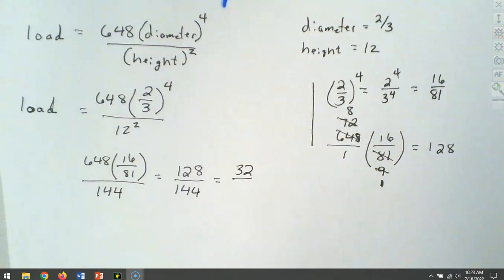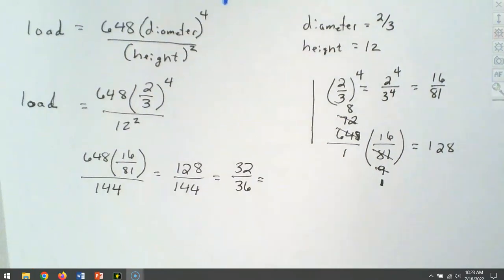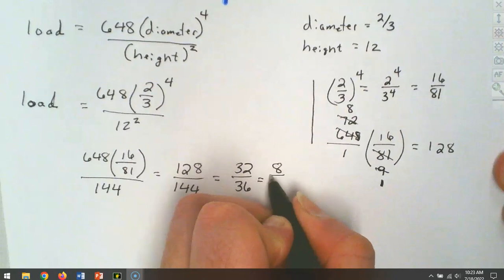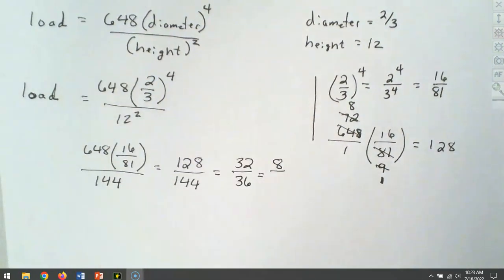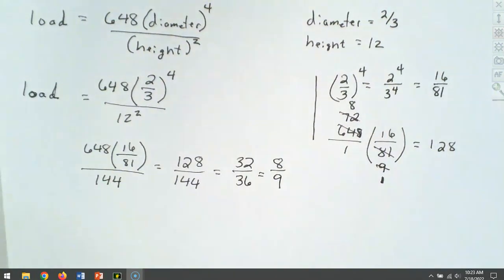And 144 divided by 4, that's a 36. We can go a little bit more, I think, because 2 goes in there again. 2 and 16, 4 will go in there. Let's try a 4. So if I use a 4, that's going to be an 8. And 36 divided by 4 is a 9. And I think that's as far as I can go. So it looks like that is as far as I can go.